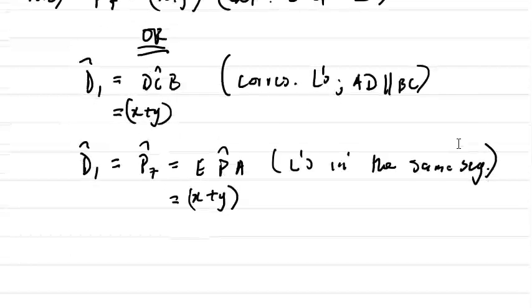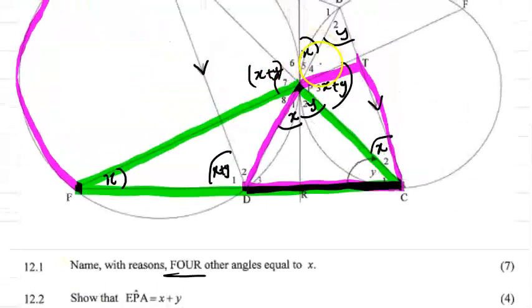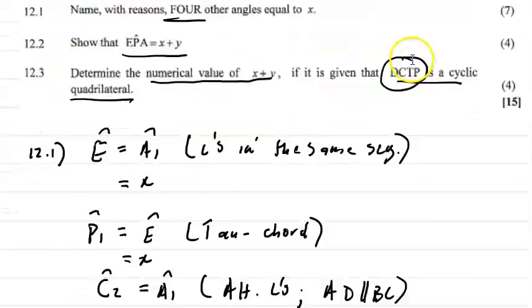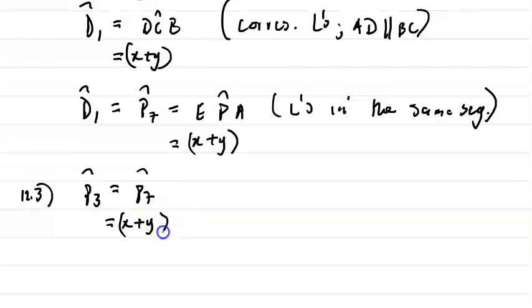So that's going to be 12.3. Let's just double check that one. I'm going to say P3 equals P7 equals x plus y, and my reason there will be vertically opposite angles. Remember, vertically opposite angles are equal.